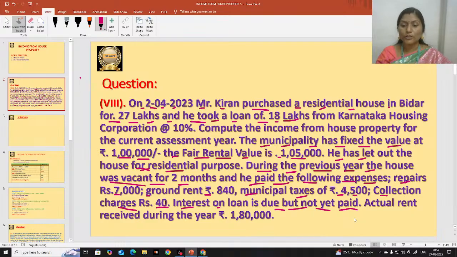So here we are going to take into account municipal taxes 4,500 and the interest on loan amount, because we are going to give it as a deduction.